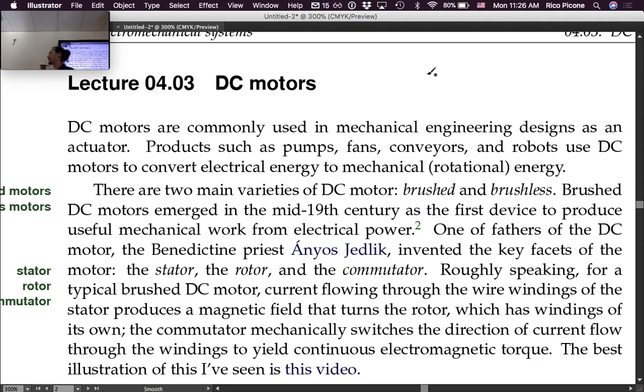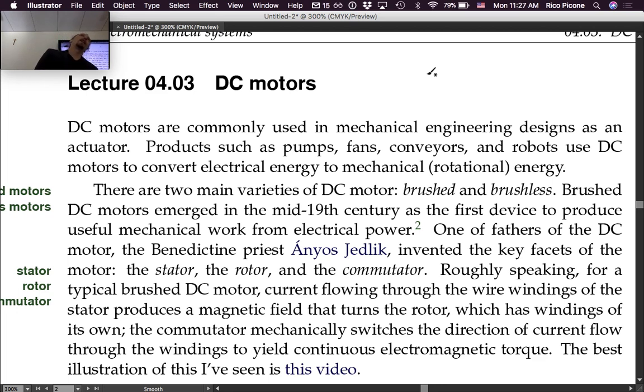Okay, so DC motors are commonly used in mechanical engineering designs as an actuator. Everything we're going to talk about is going to be thinking of this thing as having electrical energy provided to it to drive some mechanical system. Now, exactly the opposite way of doing things, where you start with the mechanical energy and you convert it to electrical energy, is a generator, and it works exactly the same way, just in reverse.